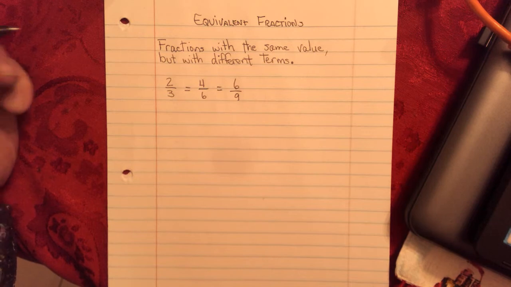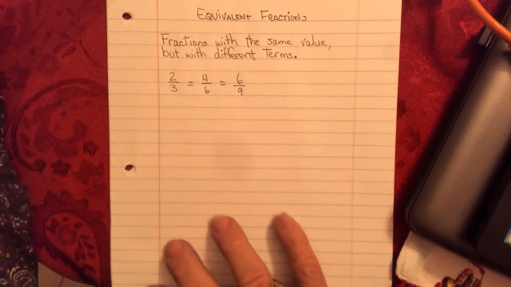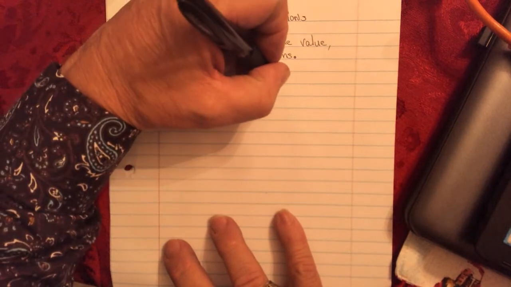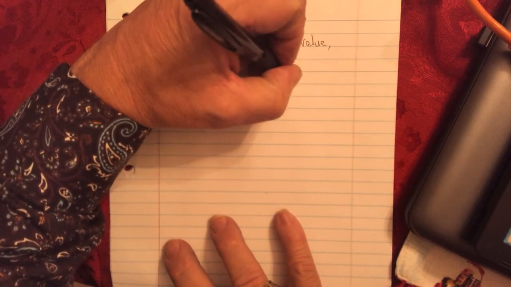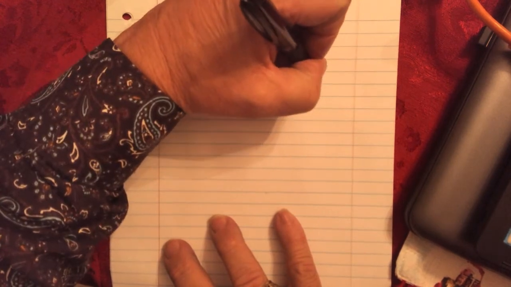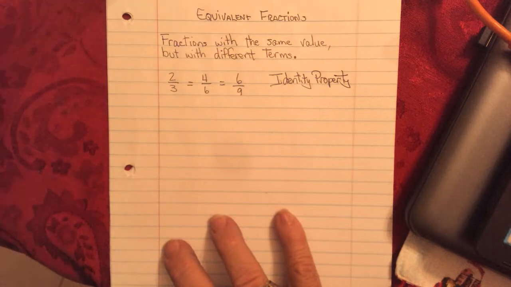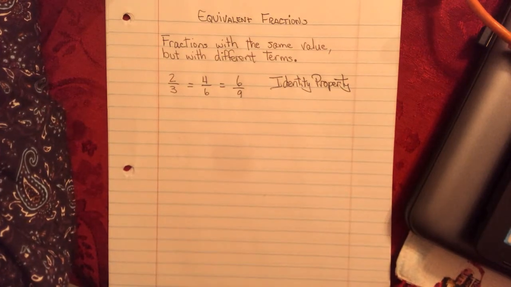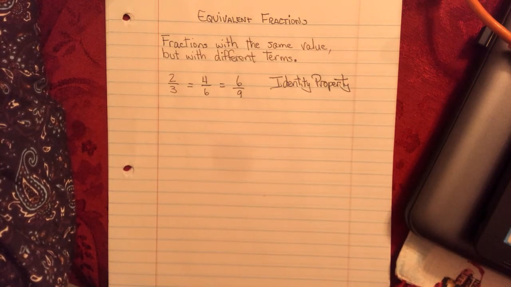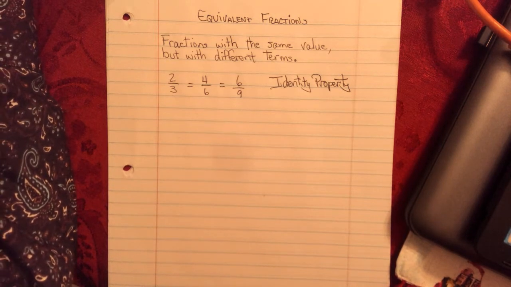Okay, now, I want to teach our students how to do it, and we use a property called the identity property. And all this means is that I can multiply any number by 1 and I haven't changed the value of that number.